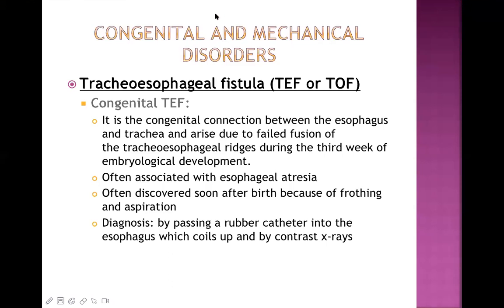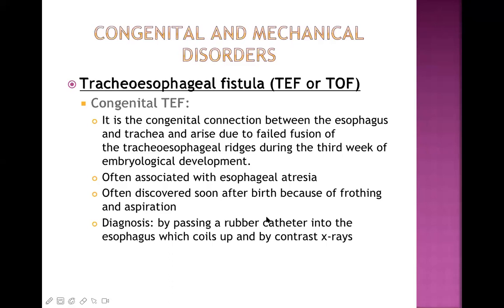Trachea and esophagus are two different tubes, and we all know their function is completely different. Somehow, because of the embryological abnormality, a connection exists between trachea and esophagus, which is called fistula, tracheoesophageal fistula.